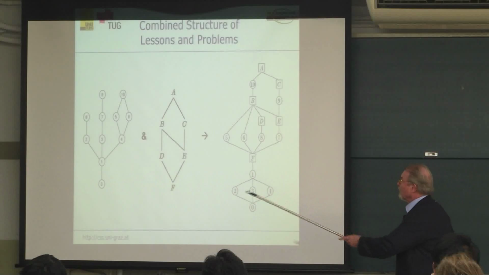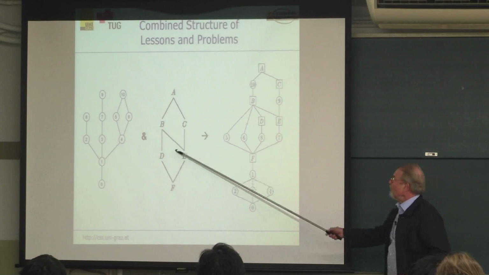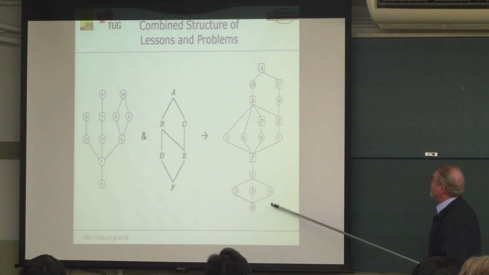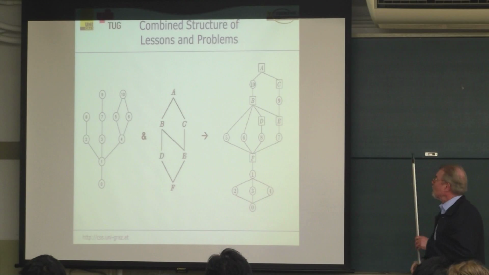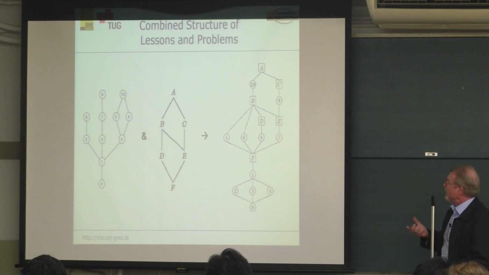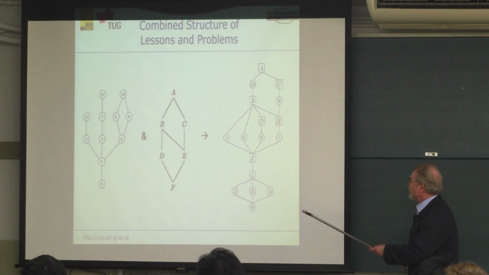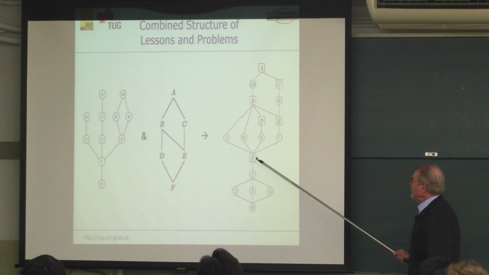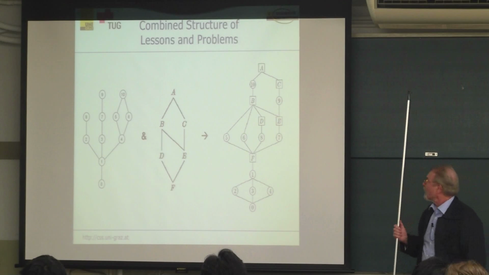And if we combine the structure for the problems and the structure for the lessons, we get this diagram which explains the whole structure of problems and lessons. And the idea of the system is that the student gets access to other lessons only if he or she is able to solve one of the critical problems.